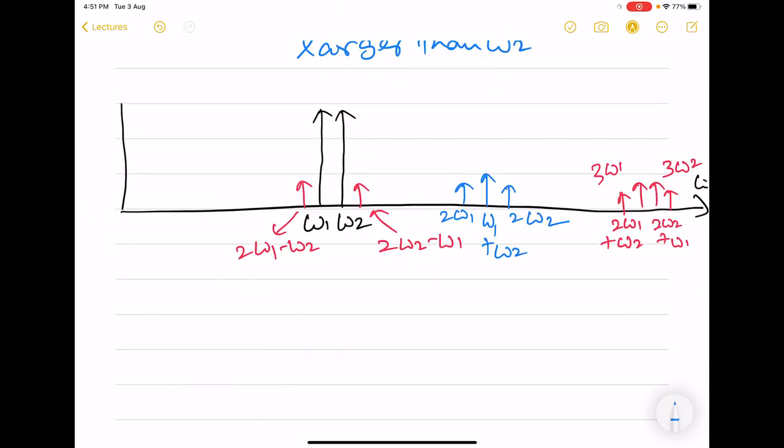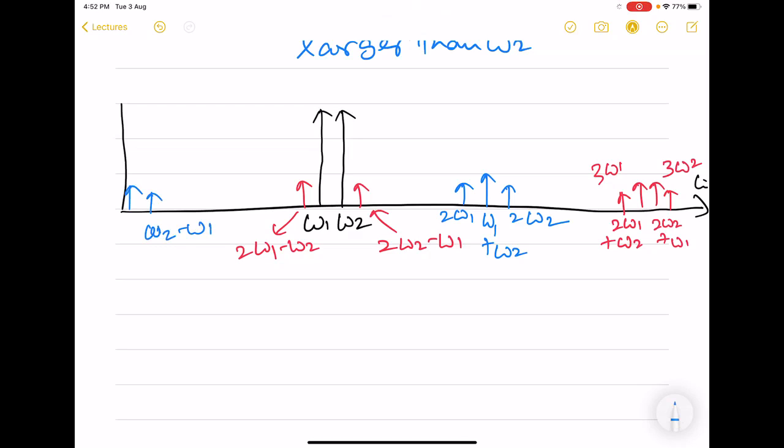And then there will be a DC term, of course, and then there will be a term close to DC, which will be, say, omega 1 minus omega 2. Actually, let us say that this is omega 2 minus omega 1. So these are the frequency components that we will see for two-tone input.